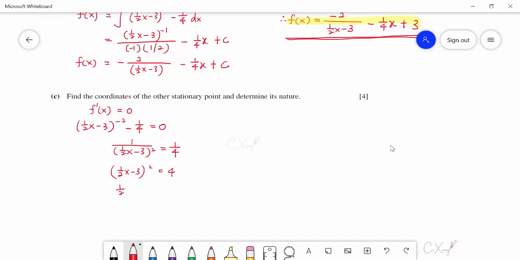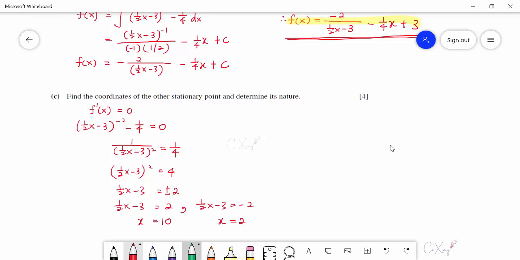So half x minus 3 equals plus minus 2. Okay, so from here, I will have two answers. The first one will be half x minus 3 equals 2. Another answer will be half x minus 3 equals negative 2. If you continue further, this will give you x equals 10, and this one will give you x equals 2.